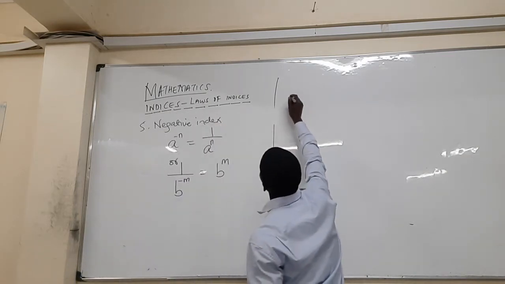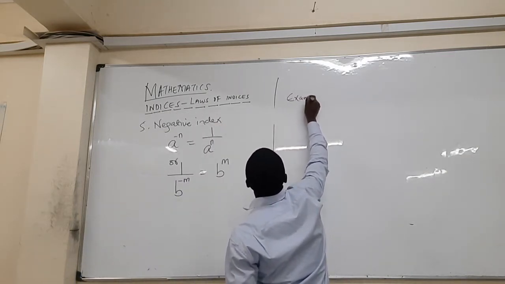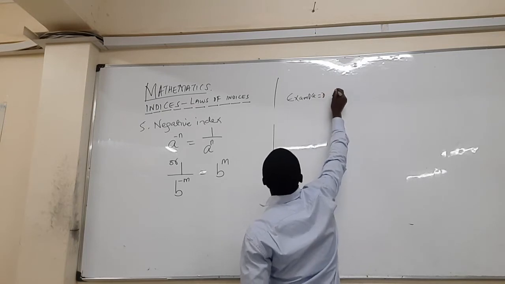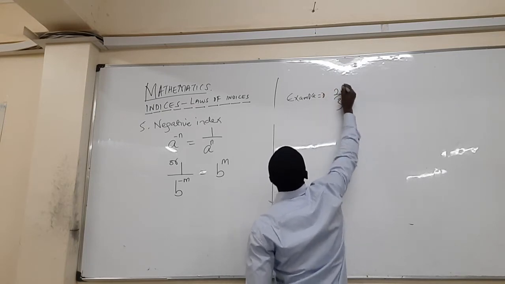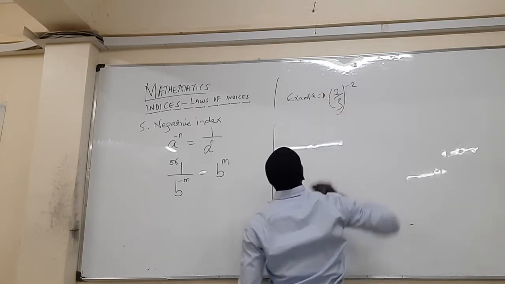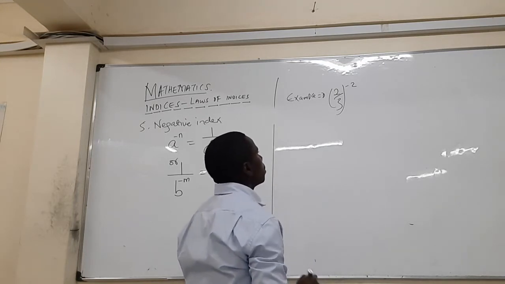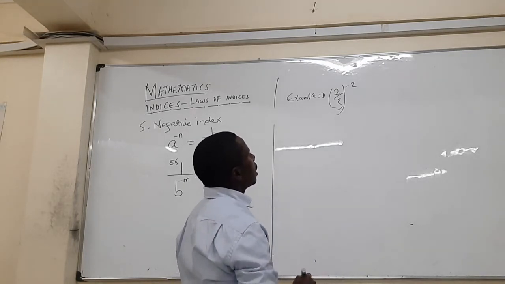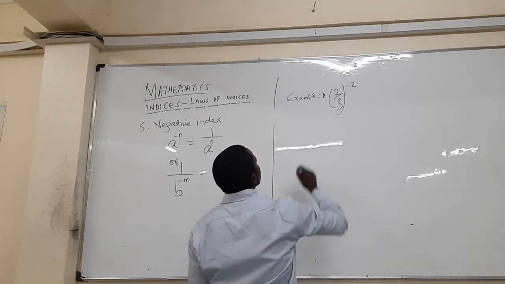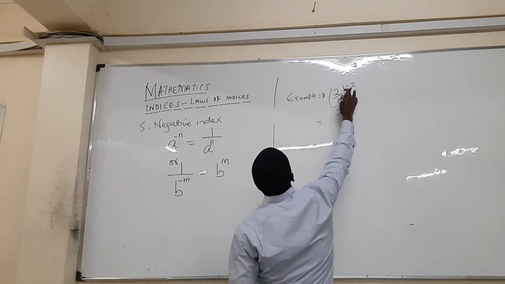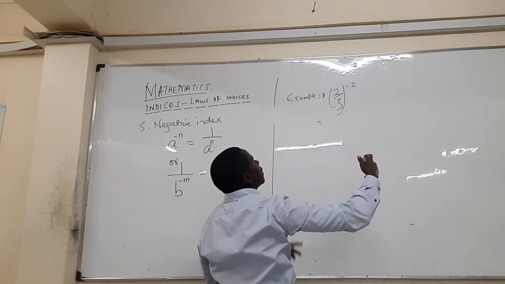In other words, an example: example 3. You will have 2 over 3, power negative 2. You have been told maybe to evaluate that. So this one is going to be what? This minus here, you can just find the reciprocal.